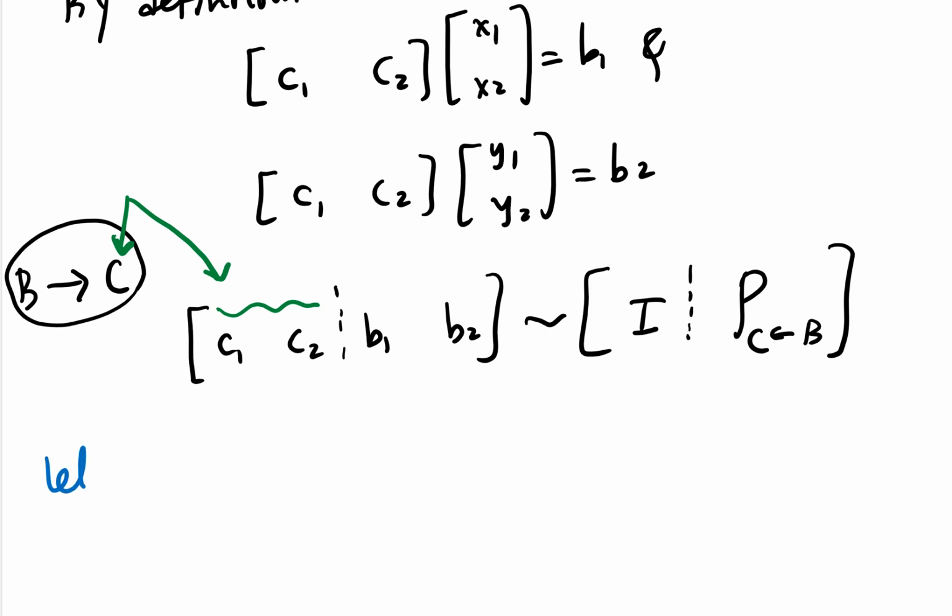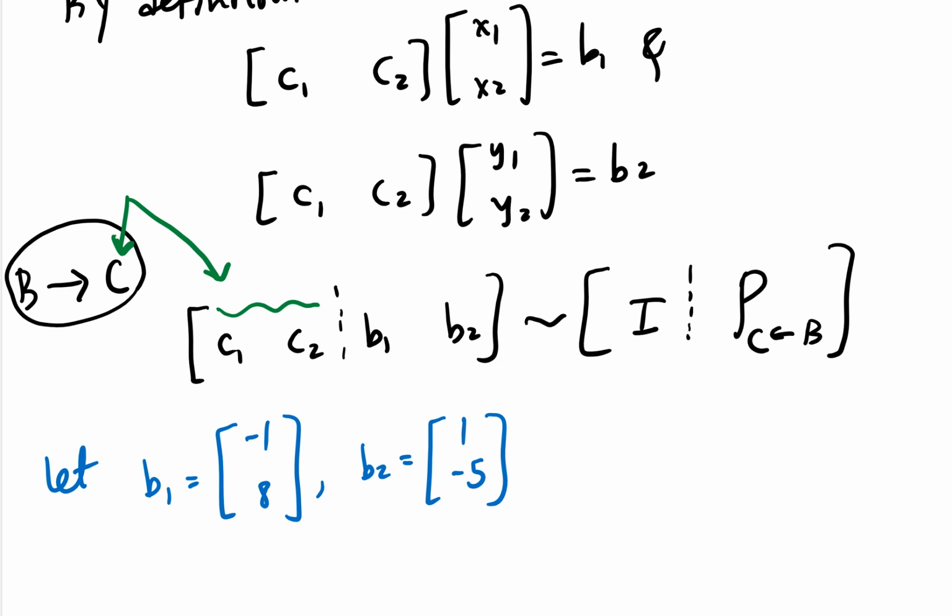With the example, things will become easy. Say B1 is this, B2 is given 1, -5. C1 equals 1, 4. C2 equals 1, 1.